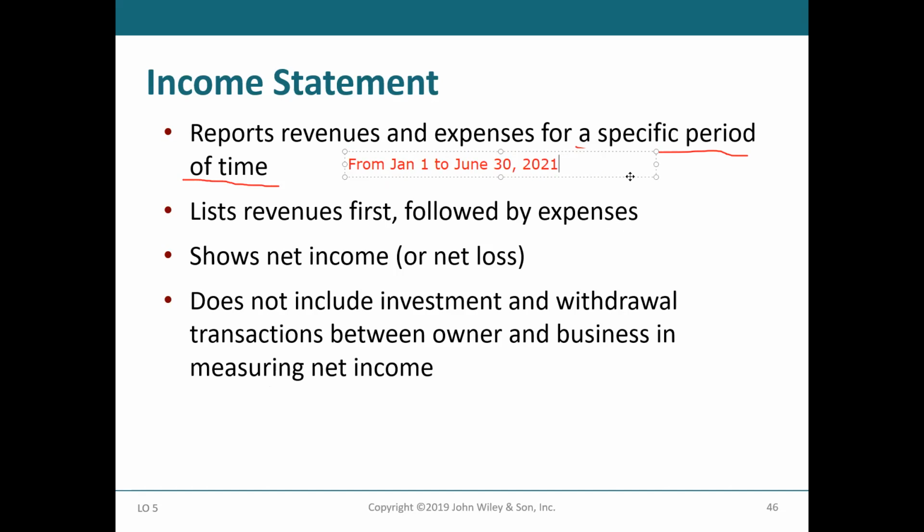So the income statement shows the revenue and expenses in a period of time. You always need to list the revenue first and then all the expenses. Don't forget to list all the expenses. Don't just give the total only. List all the revenue and the expenses specifically, and then show the net income or net loss.